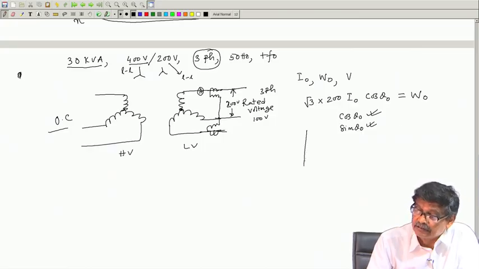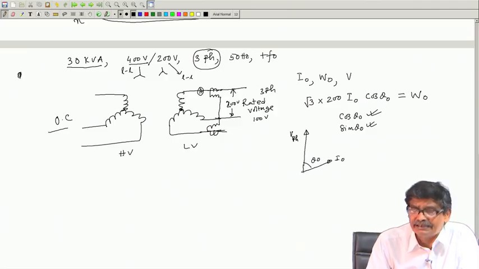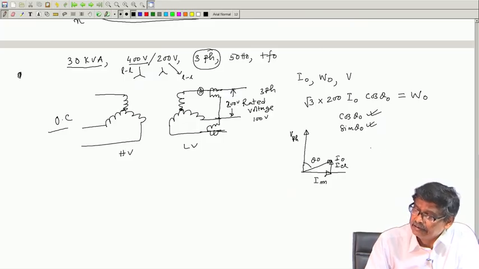So, if you apply the per phase voltage to the per phase equivalent circuit, this is V phase and this will be your no load current, then this is theta naught, just like single phase. Then break it up into 2 components, that is magnetizing and ICL.